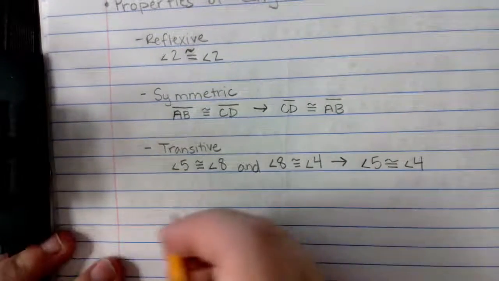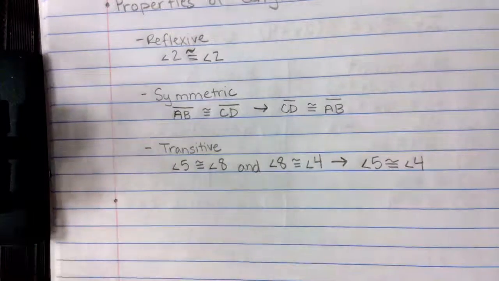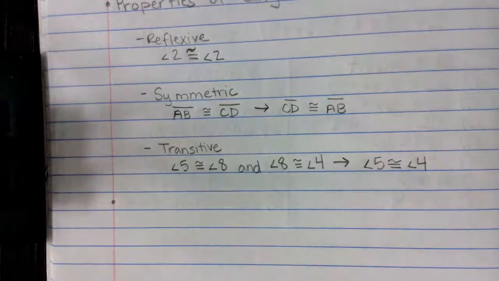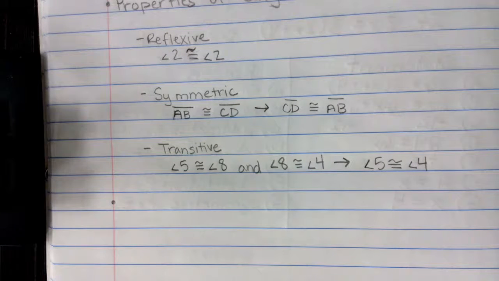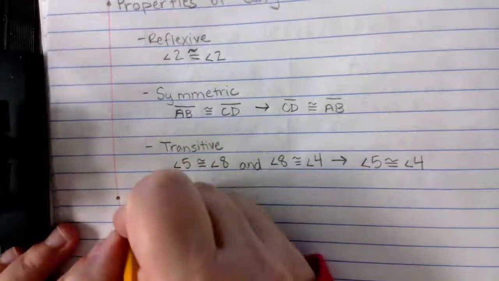There are a couple of other things we need to do before we start our proofs. We need two definitions, and then we need one theorem. Two definitions, one theorem. Okay, so this is going to be a definition of congruence.